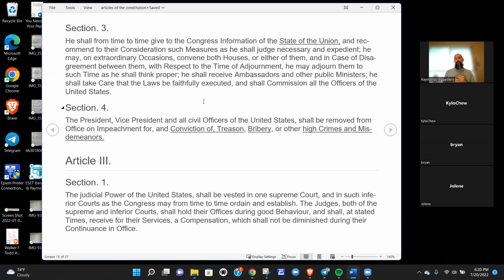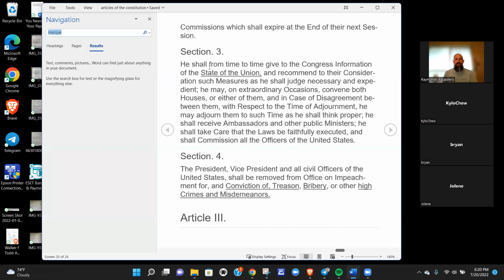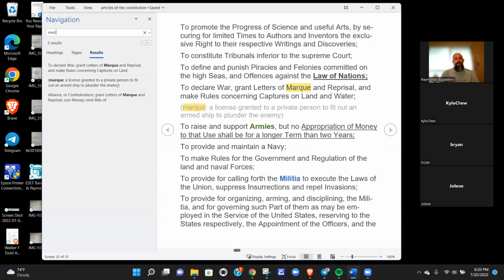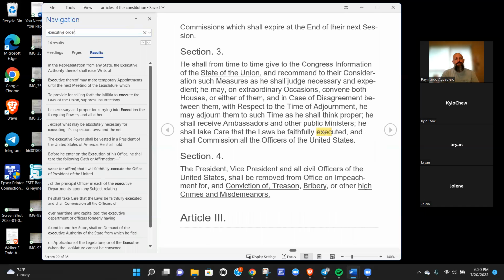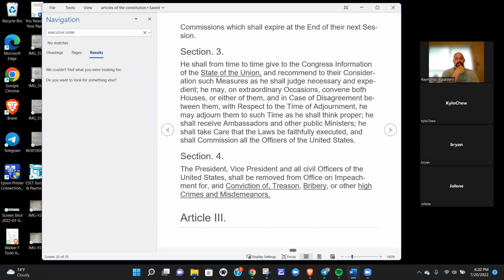Ray, I have a question, and I may have missed it, but where in the Constitution does the president have the authority to write executive orders? That's an excellent question. Let me see. Well, it says he has to give the oath of office, to preserve, protect, and defend the Constitution of the United States.